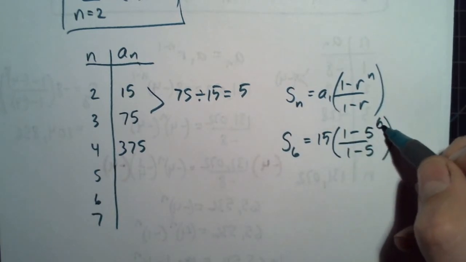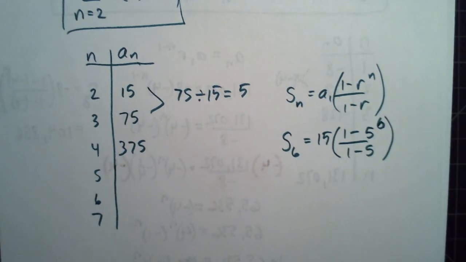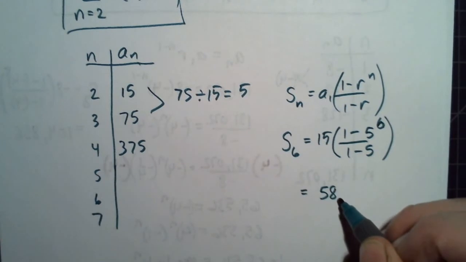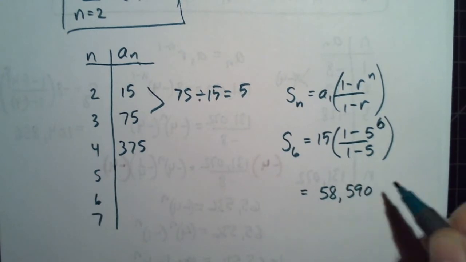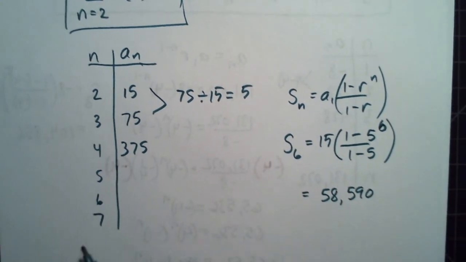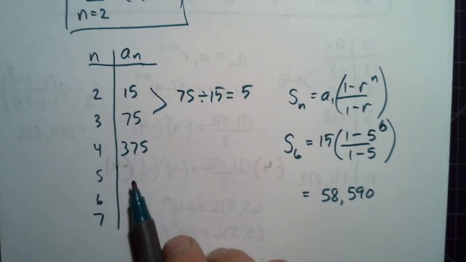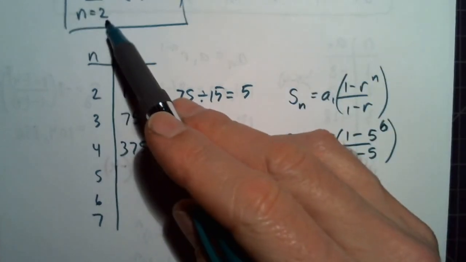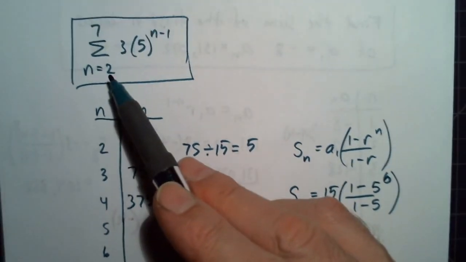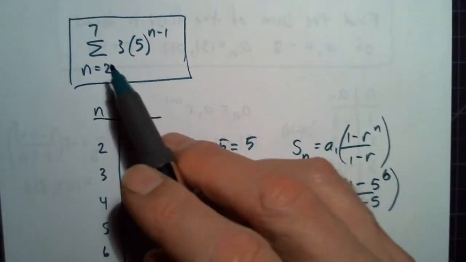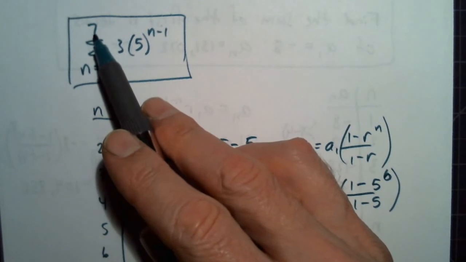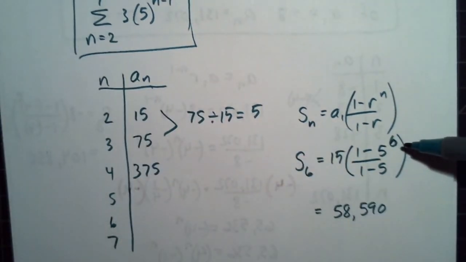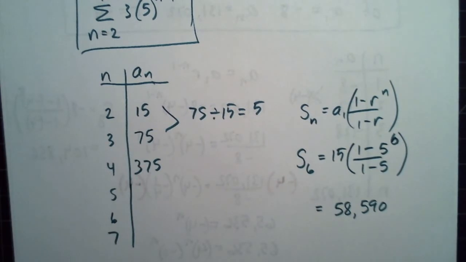Oh, this should be a 6. So, yeah, make sure you are careful about this. When we don't start at 1, we don't want to just assume that we're adding up 7 terms, so make sure you're counting how many terms there are, and that'll tell us what exponent to use.